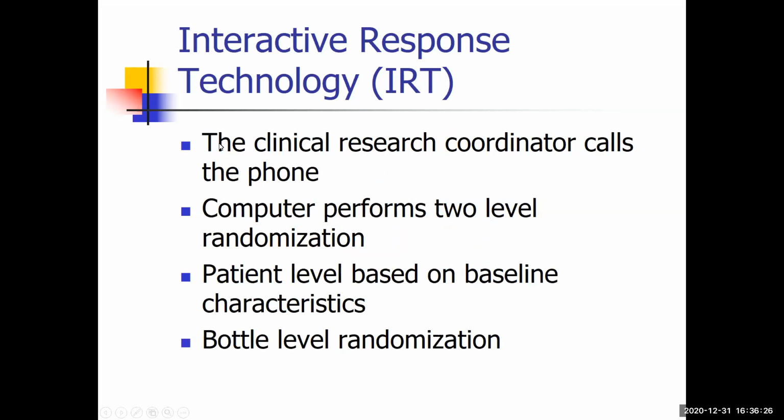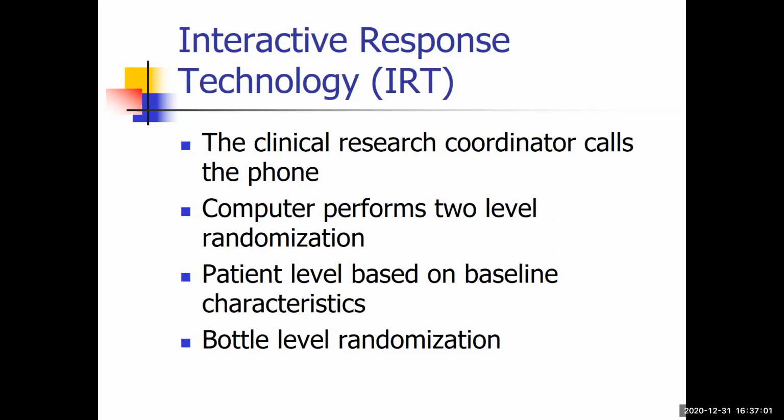Now, what the IRT does is that the clinical research coordinator calls the phone. When a new patient comes in the clinic, there's a clinical research coordinator, usually a study nurse or physician assistant or somebody who oversees this clinical trial, recruiting patients and checking the conditions for randomization.